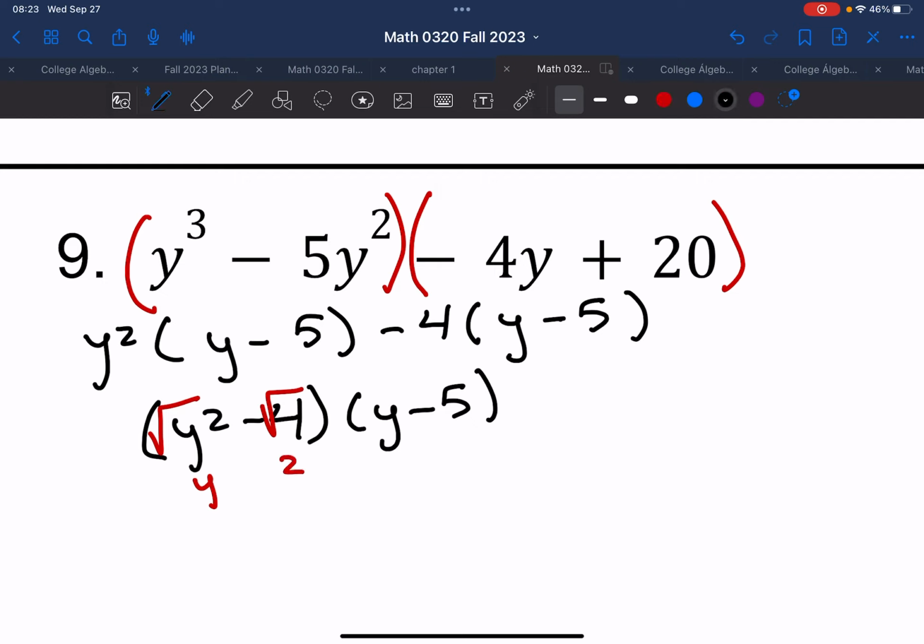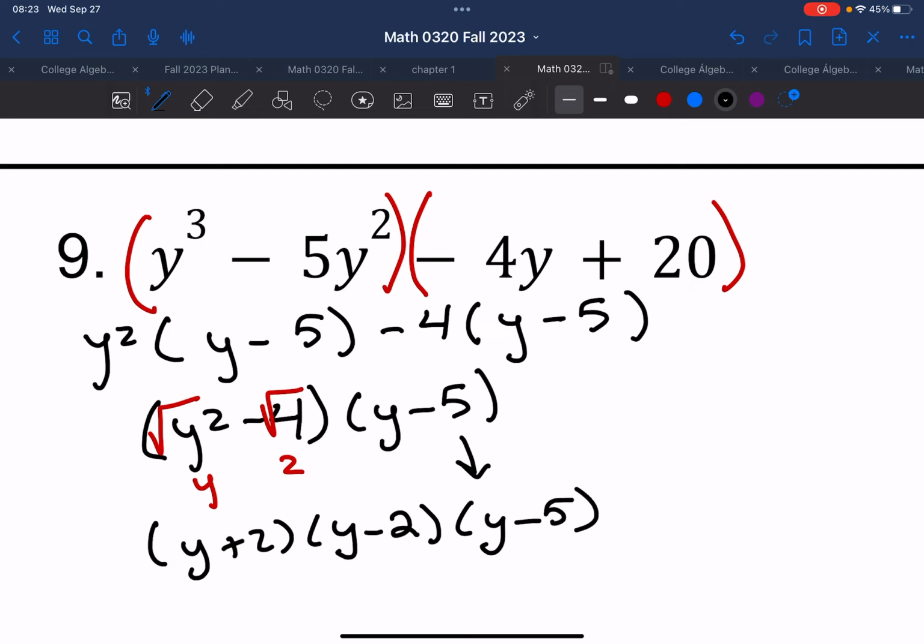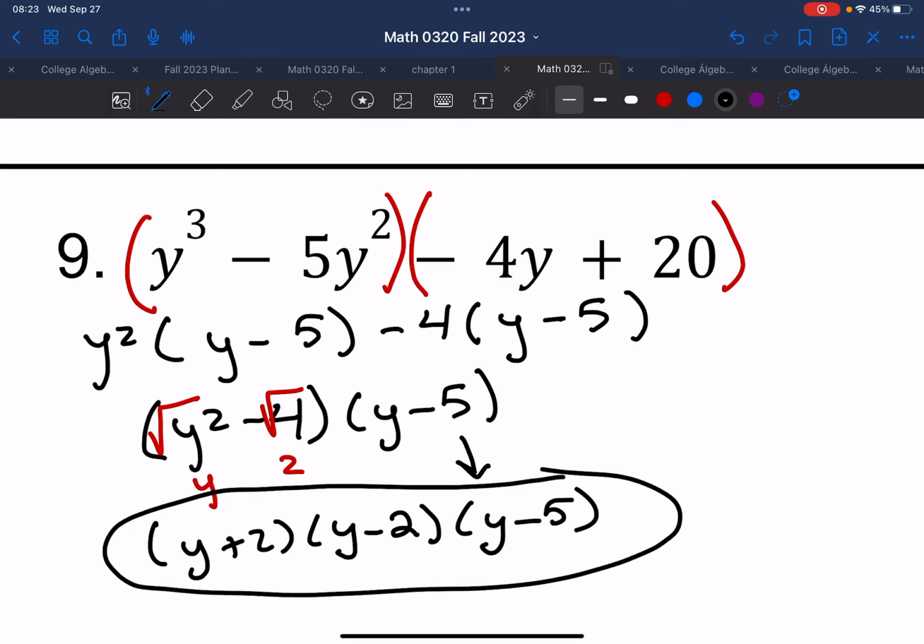So that means just for that first parenthesis, I now have that separated even further as y plus 2, y minus 2, but I have to bring down that y minus 5 because that was part of my original factor. So now this is factored completely.